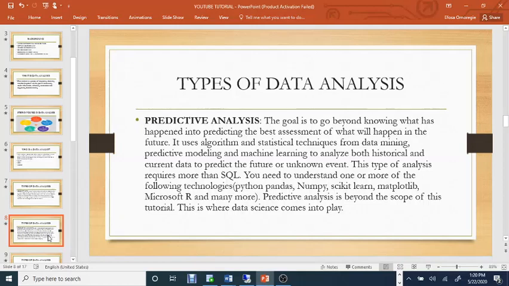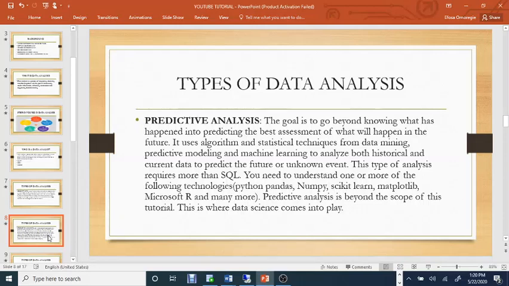Yeah. So this is out of scope for this tutorial. This tutorial is strictly for those who want to become a data analyst with SQL skill. Doing a predictive analysis is way beyond SQL or way beyond descriptive analysis.